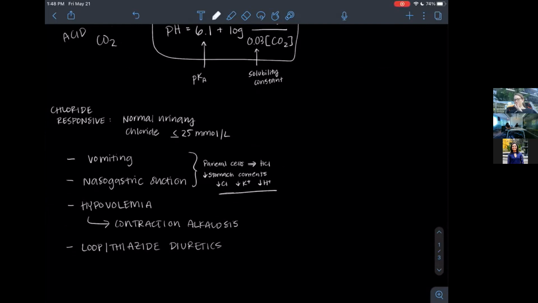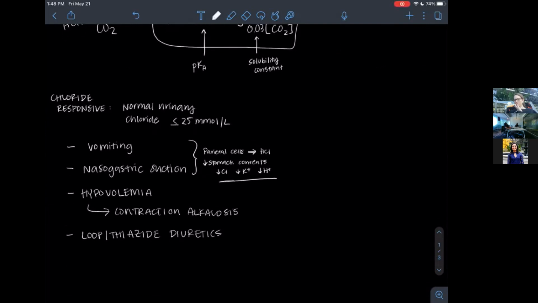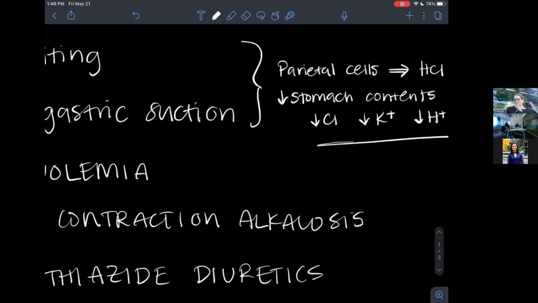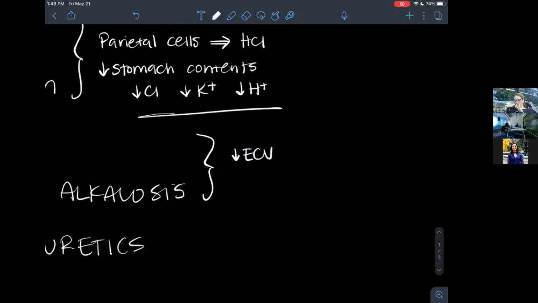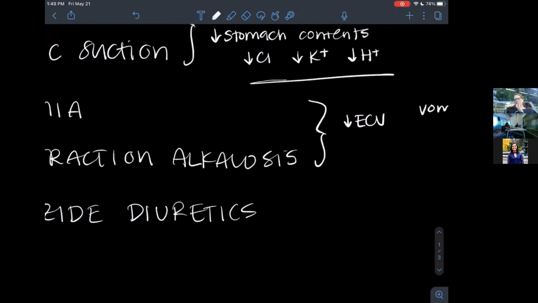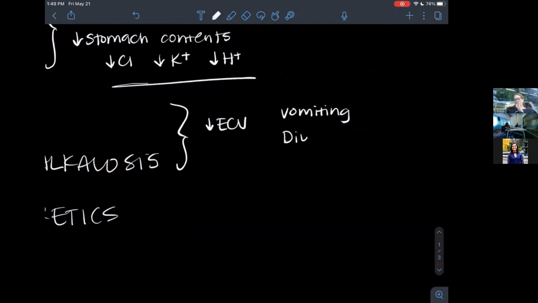And then let's talk about contraction alkalosis. Contraction alkalosis, or any sort of hypovolemia, the idea is that you are losing your total circulating volume, your effective circulating volume. Vomiting causes this, loop and thiazide diuretics cause this, heart failure, cirrhosis, all those.